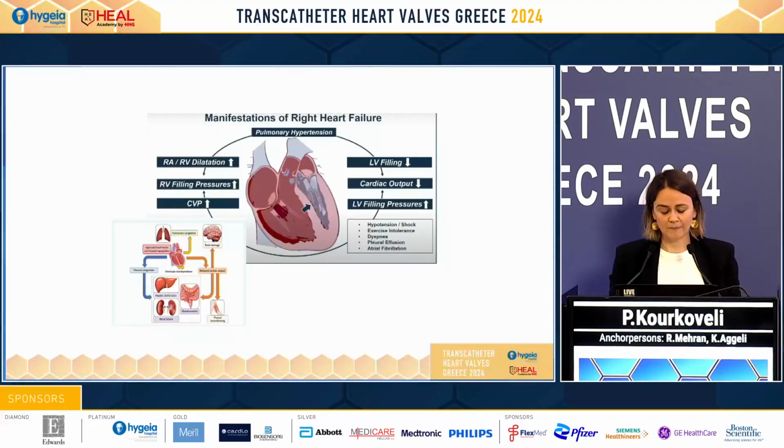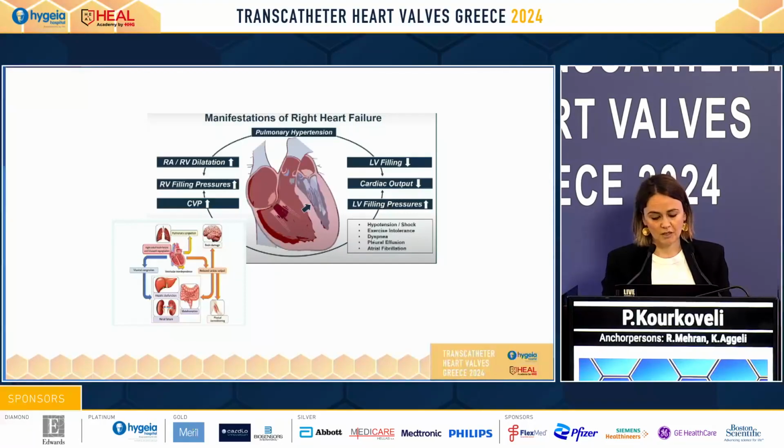However, we have more or less RA or RV dilatation, increased RV filling pressures, and increased CVP. And all these lead to the signs and symptoms of right heart failure that we all know: jugular distension, ascites, liver distension, renal failure, and malabsorption due to congestion of the intestine.